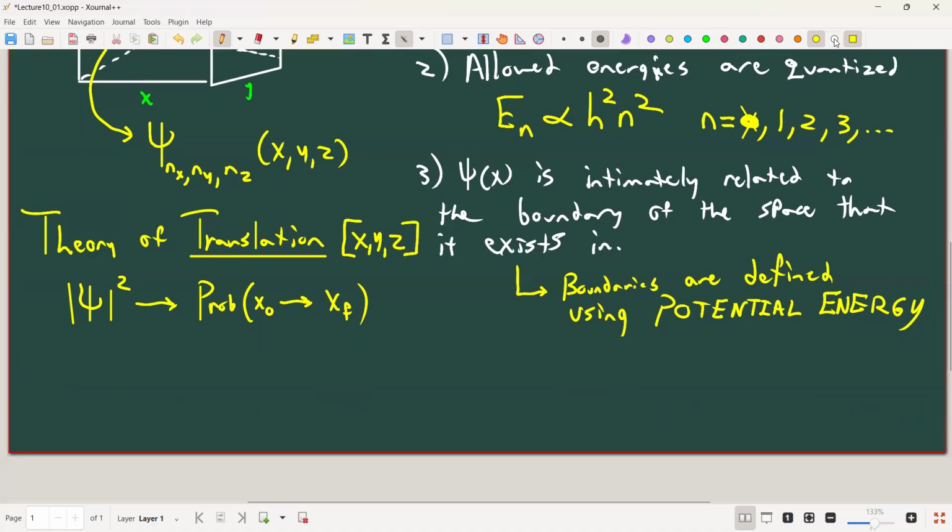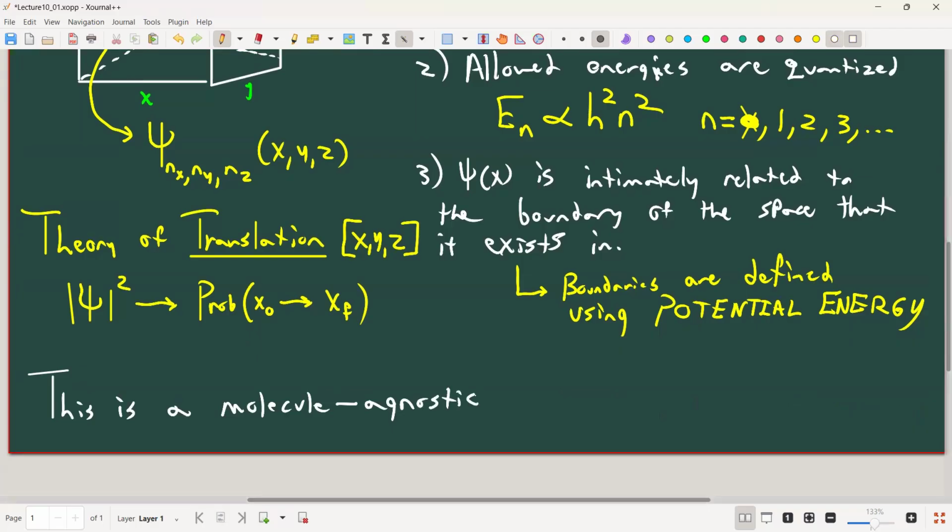Right? So this is a universal theory. This is a molecule agnostic, which means it doesn't care, theory. Okay. Only cares about the mass.